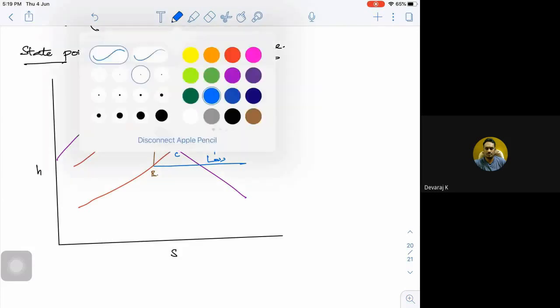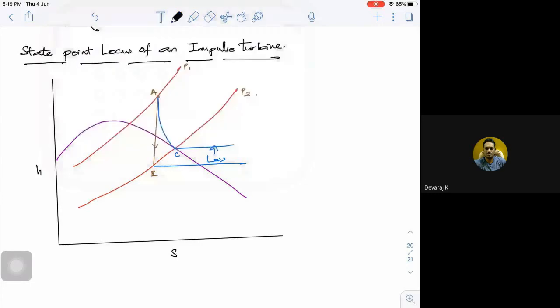This point C may move to some other point D. This may be losses considering the nozzle or whatever it may be. Then I may have a point where the losses may be due to moving blades.